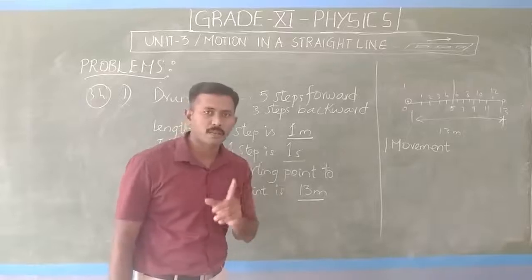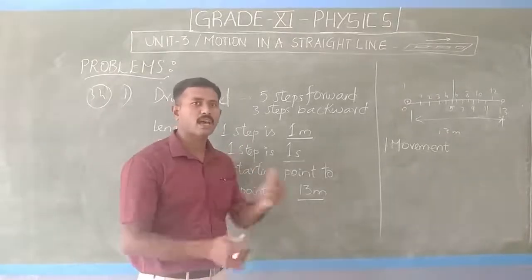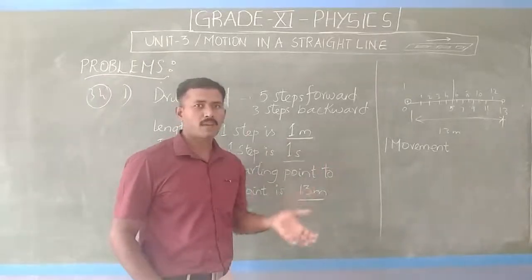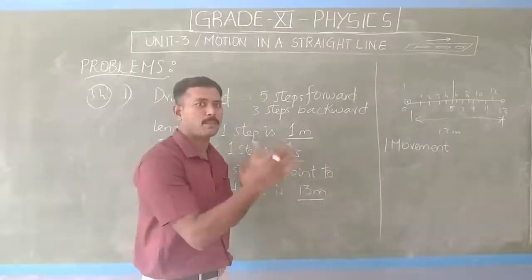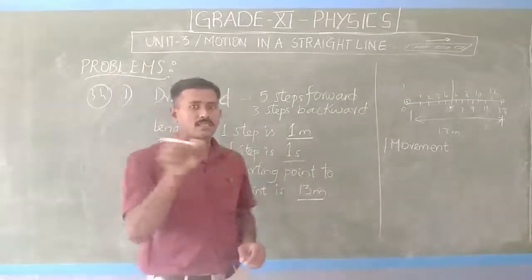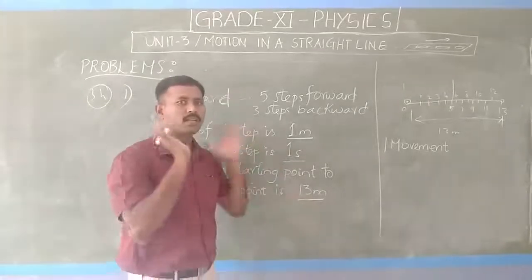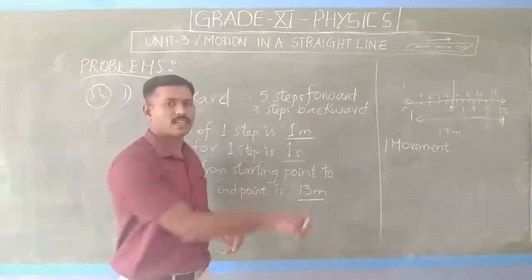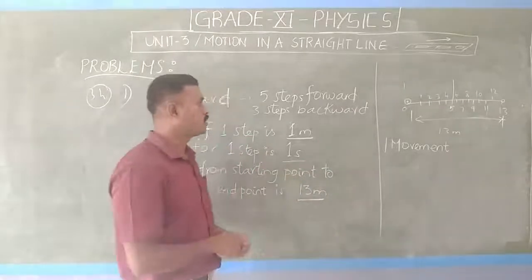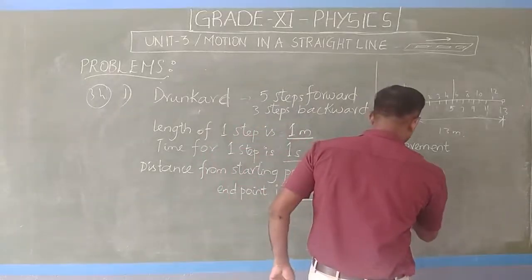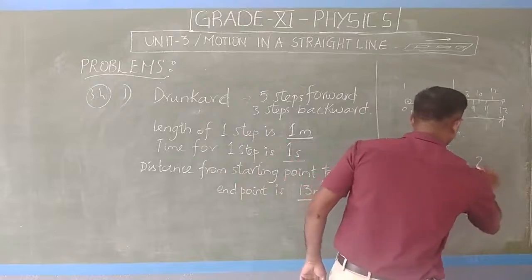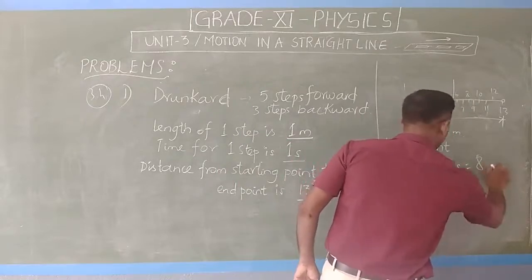So for one complete movement, 5 plus 3, that is 8 steps, which is 8 meters.